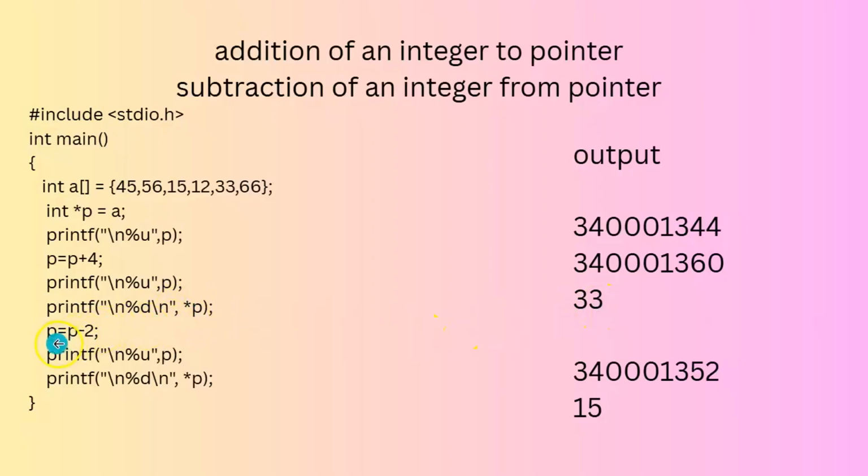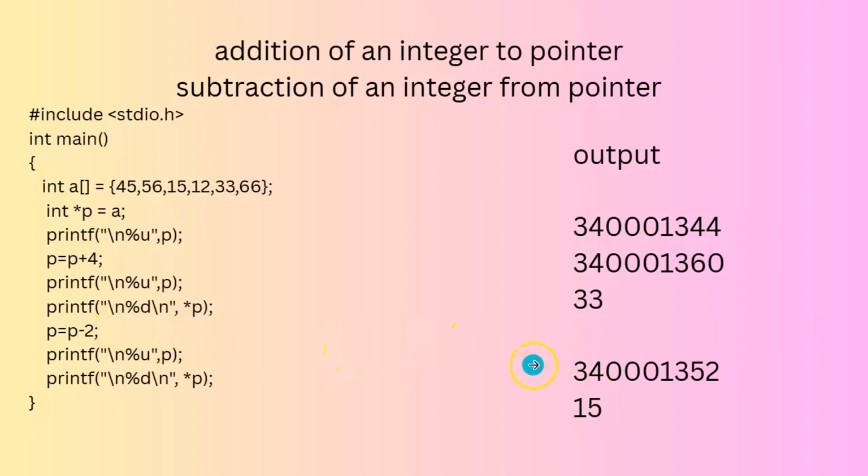Now I am giving p is equal to p minus 2. So again, subtraction of an integer from a pointer. Here it will not just subtract 2, it will subtract 2 into the size of the data type the pointer points to. Again this pointer is pointing to integer. So the address will be subtracted by 2 into 4, 8.